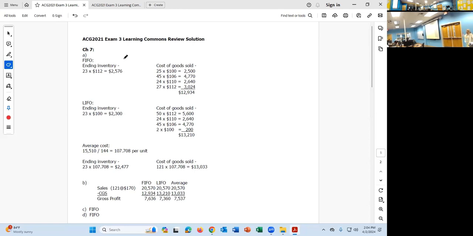We are assuming that the oldest items in inventory are what we sell first. Again, doesn't have to be true. It's just an assumption. But under that assumption, we assume that the oldest items are what end up in cost of goods sold. The newest items are what end up in our ending inventory.